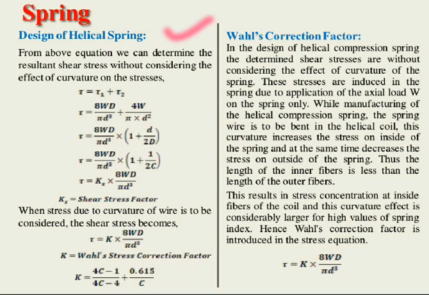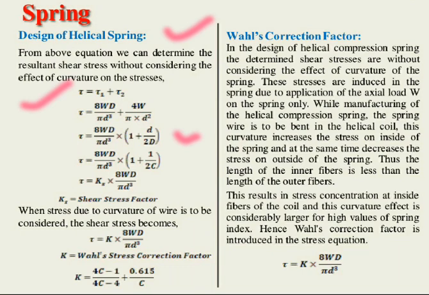That's why I have written tau equals tau 1 plus tau 2. We put the value of tau 1, 8WD by pi d cube, and the value of tau 2, that is 4W by pi d square. We take 8WD by pi d cube common from both terms, and we easily get the term 1 plus d by 2D.